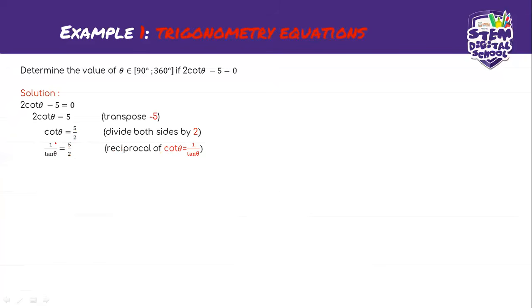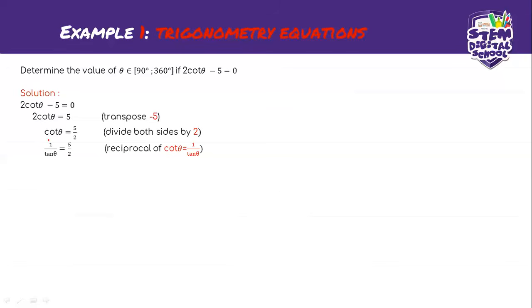The reason why we had to change this cot theta to become 1 over tan theta is because we will have to calculate this theta using a calculator. And when you look at our calculator, we don't have cot. We can't get any value because we don't have cot. We only have sine, cos, and tan.